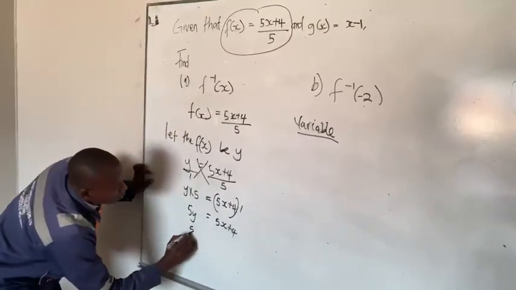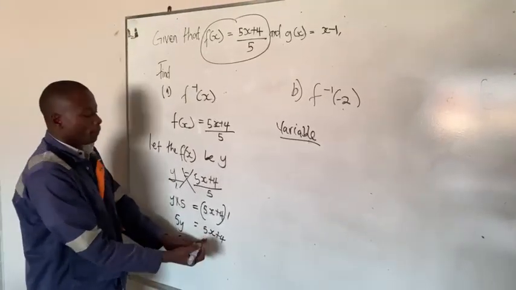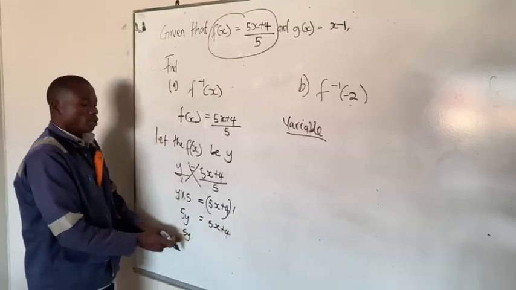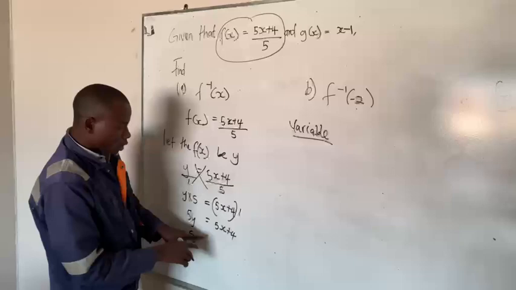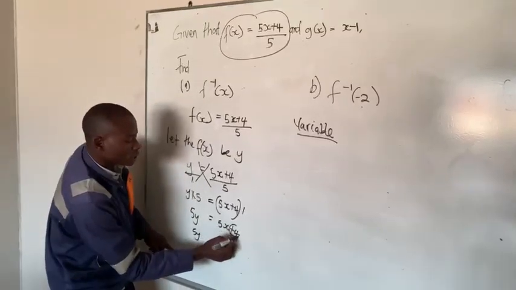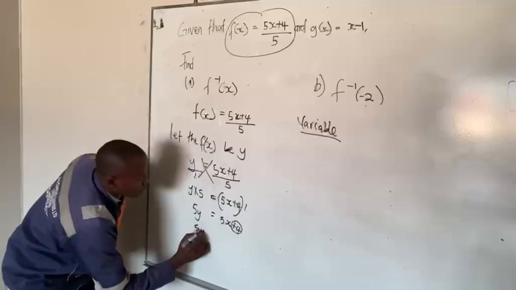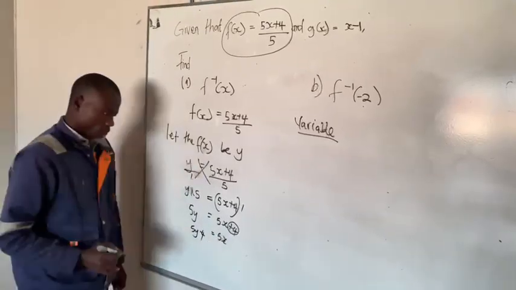I'm going to have my 5y. Remember, I want to make x the subject, meaning that I have to move this 4 from this side to this side. Remember, it is crossing the equal sign, which means that if this is positive, it is going to change to negative. So I will have 5y minus 4 equal to 5x.